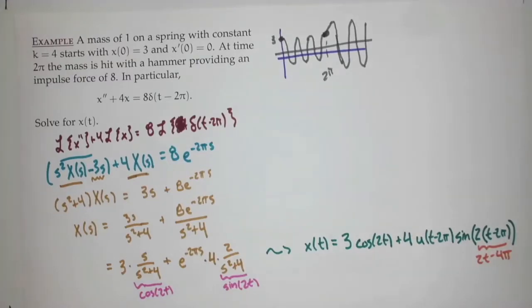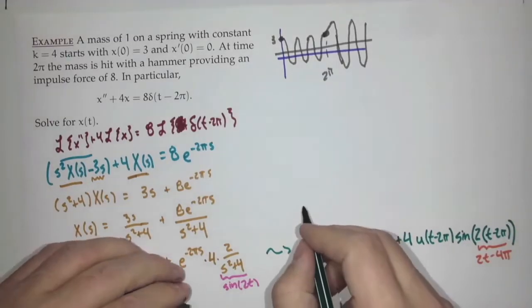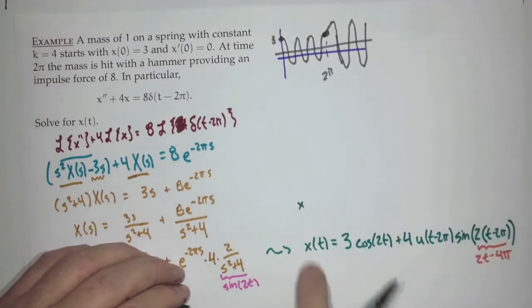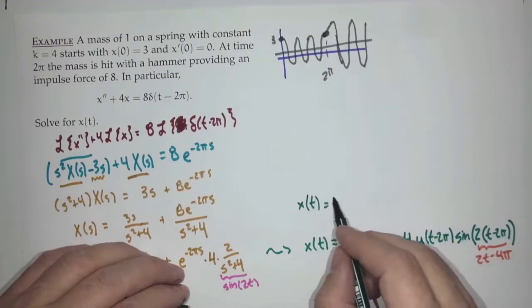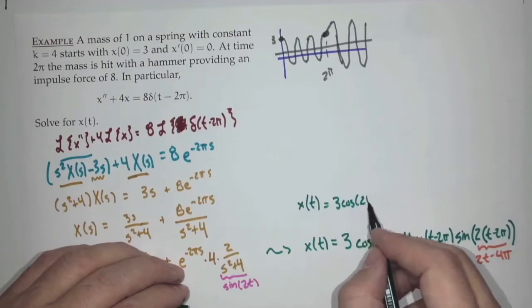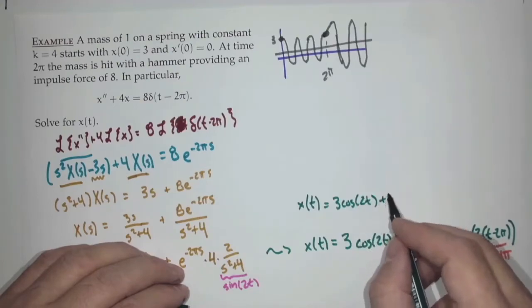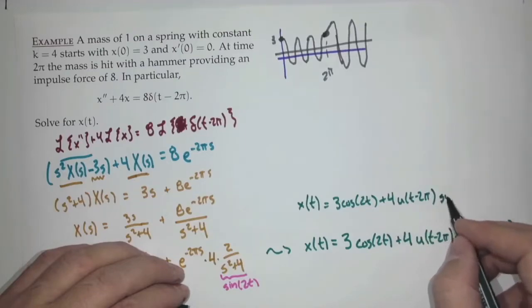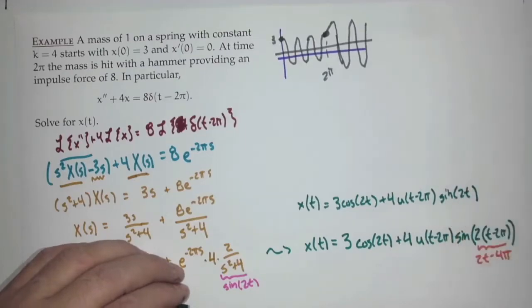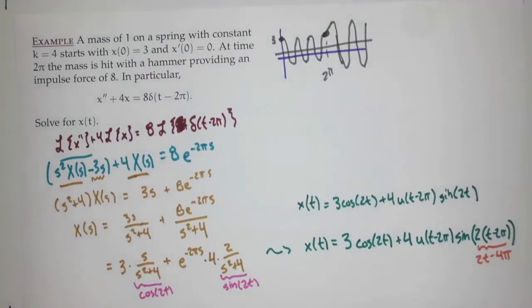But if you go around the unit circle twice, you're back where you started. So this is a perfectly valid answer. And this is also a perfectly valid answer, namely 3 cosine 2t plus 4 u of t minus 2 pi sine of 2t. They're both right.